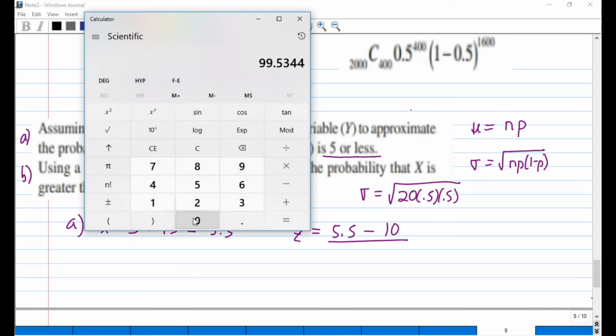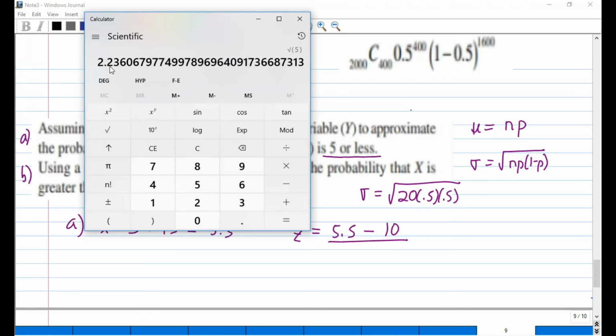So I'll punch that in the calculator for us. 20 times 0.5 times 0.5, and then I have to take the square root. So the square root of 5, I like to take things out kind of far, so I'm going to take it out to at least 4 decimal places, because remember, we round the z-score to 2 decimal places.